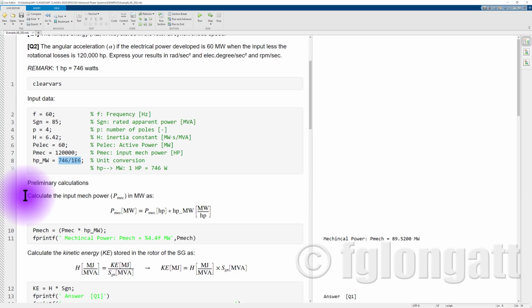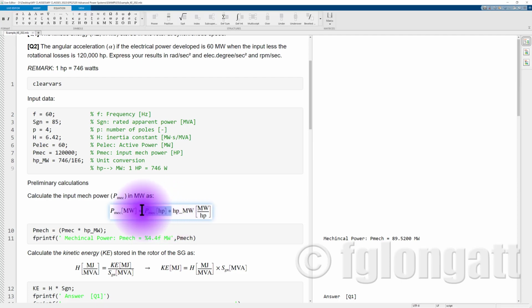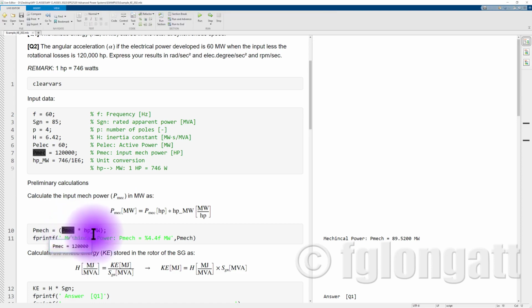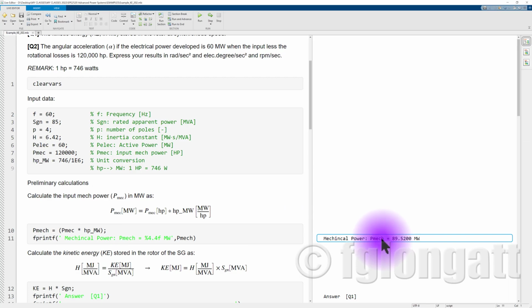It's very simple. The first step, we will convert this horsepower into megawatts. For that, we multiply the 120,000 horsepower by the conversion that we have over here. And voila, the mechanical power is 89.52 megawatts.